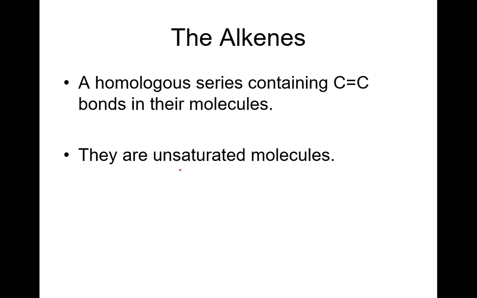The reason why they're unsaturated is because of this C double bond C. Don't forget, in the double bond there are 4 electrons. Now, it's not necessary to have 4 electrons to keep 2 carbons together. We can do with 2, thank you very much, as we saw with the alkanes. So therefore there are 2 electrons up here that could be utilized in order to add more hydrogen across these 2 carbons, or to add 2 bromines, as we'll see later on, or maybe to add 2 chlorines, or whatever needs to be added on around that double bond.